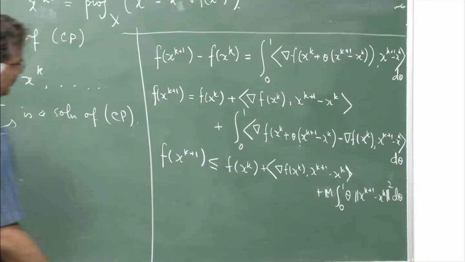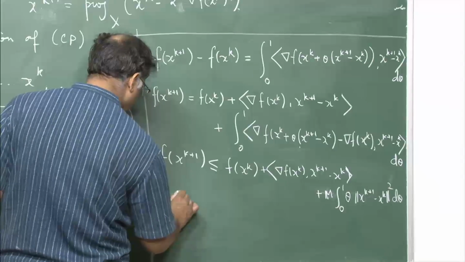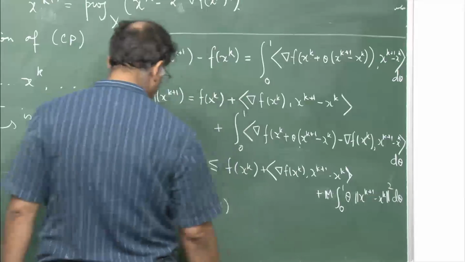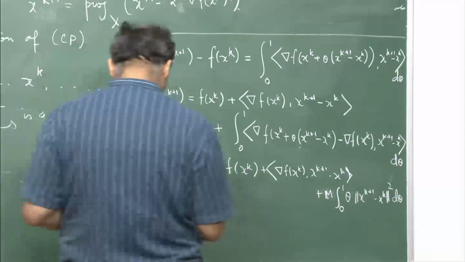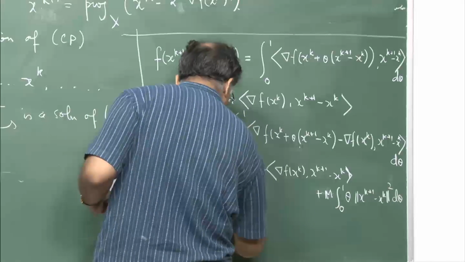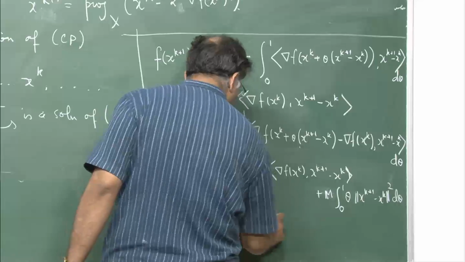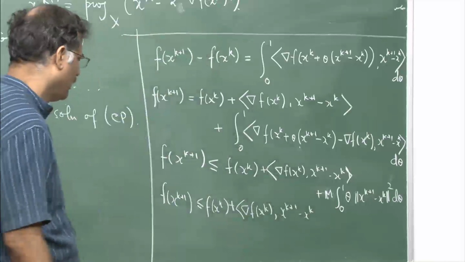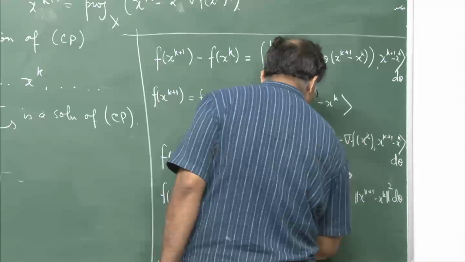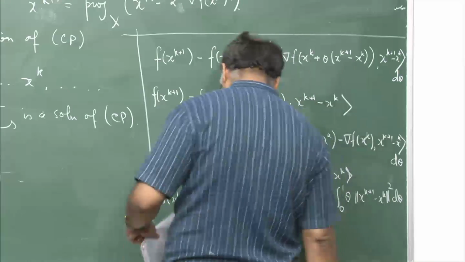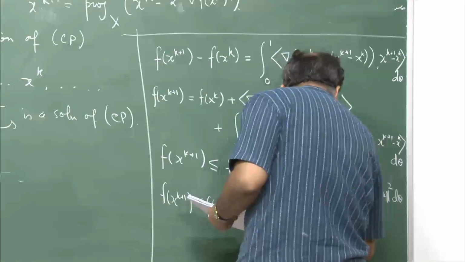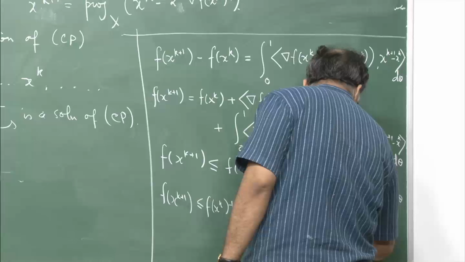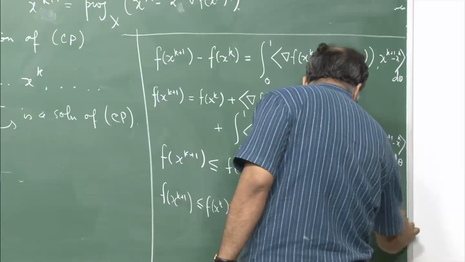So this would give me that f(x_{k+1}) is less than f(x_k) plus grad f(x_k) times (x_{k+1} minus x_k) plus m by 2, because theta square by 2, times the 0 to 1 integral. That is what you will get.